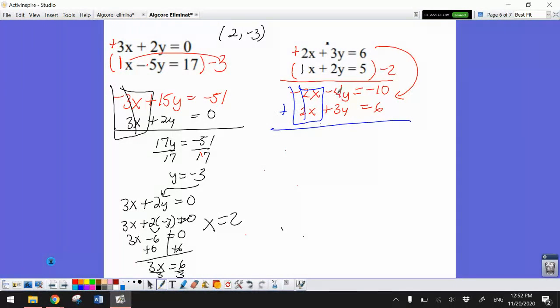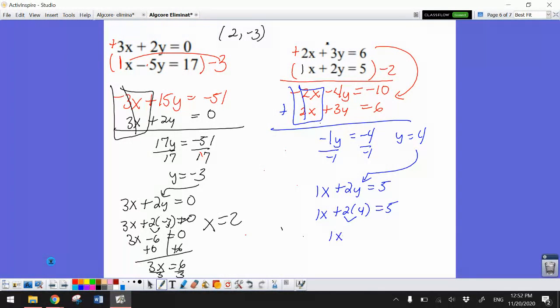Okay, let's see how you did. Negative 1 plus 3, that's a negative 1. Negative 10 and 6 is a negative 4. Divide by negative 1, I get y is 4. Okay, and I'm going to use the second one because it has a 1. Drop in my 4. 1x plus 2 times 4 equals 5. 2 times 4 is 8, so 1x plus 8 equals 5.